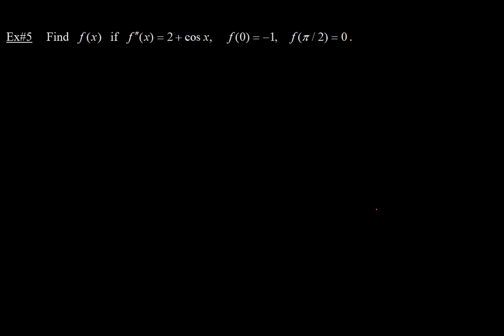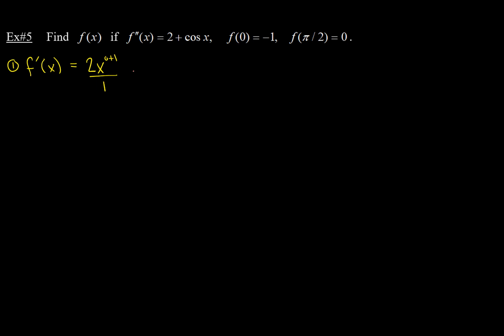Let's do this again, but with a second derivative. In other words, I need to take the antiderivative twice to find out what's going on. So first thing I'm going to do is find the first antiderivative. So I'm going to go from f double prime to f prime. The antiderivative of 2, think of 2 as 2 times x to the 0, is 2x.